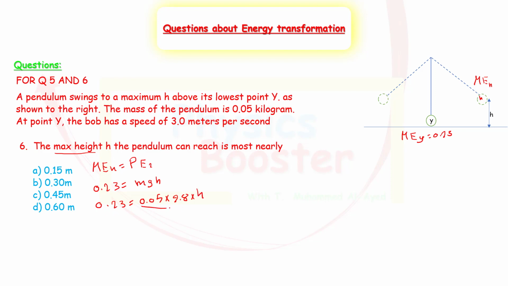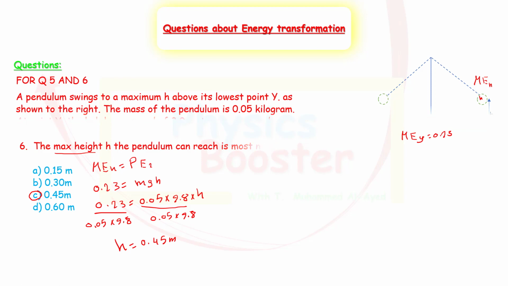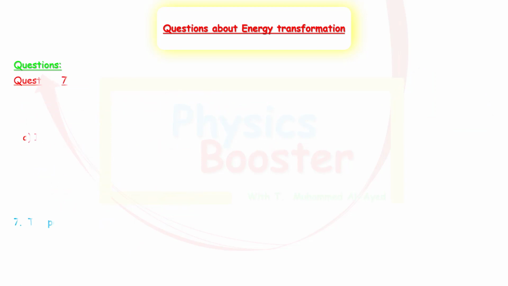I can just divide both sides by 0.05 multiplied by 9.8, and I will get that h is equal to 0.45 meters above the ground. So the answer is C. As you can see, we're applying the law of conservation of energy.